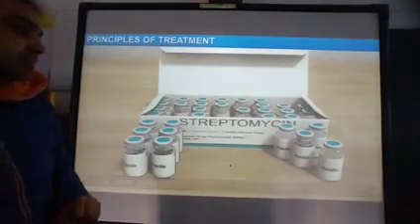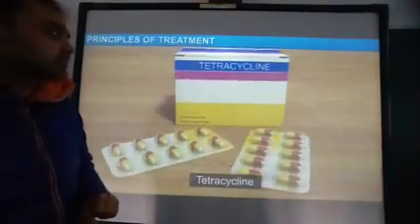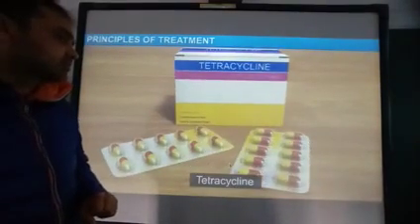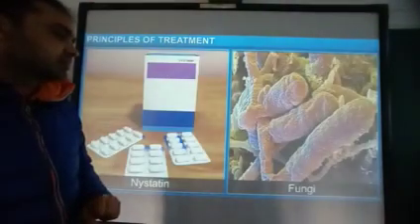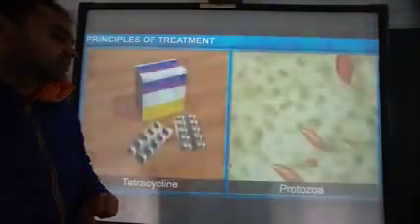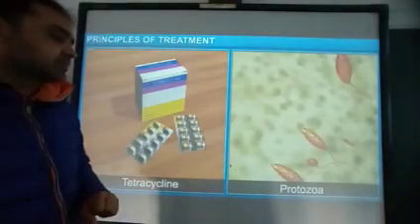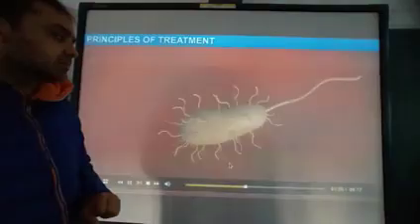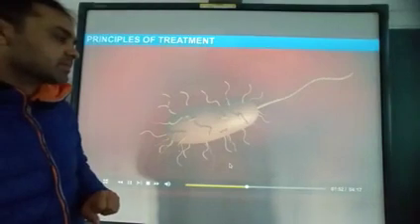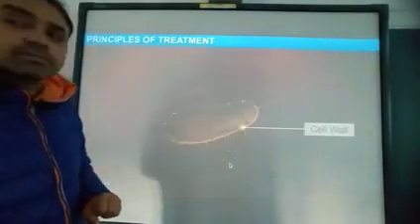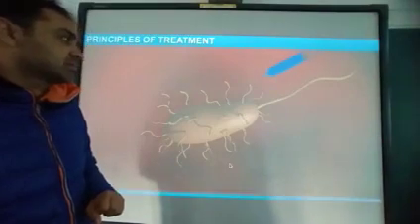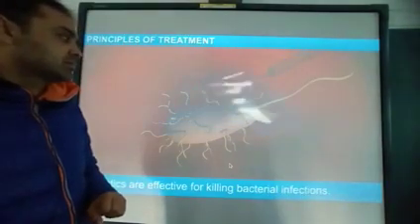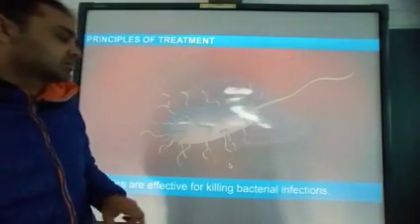Antibiotics are medicines that are used to kill invading organisms like bacteria, fungi, and protozoa. For example, bacteria make cell walls to protect themselves. The antibiotic penicillin blocks the synthesis of the cell wall.